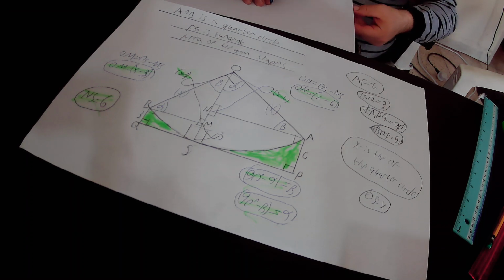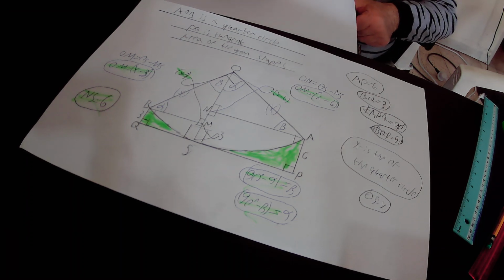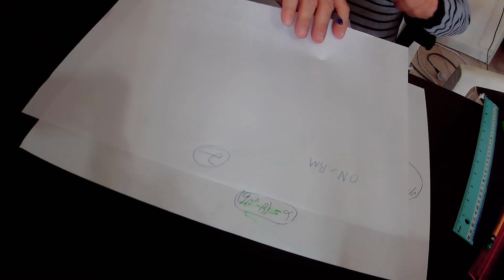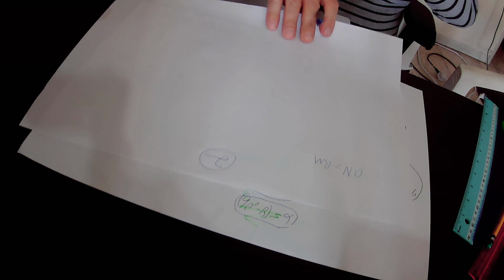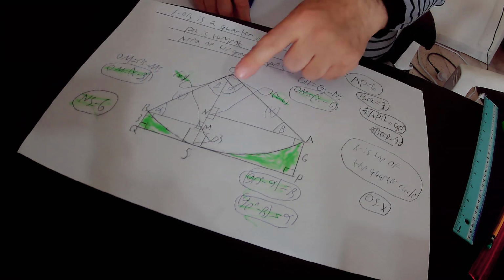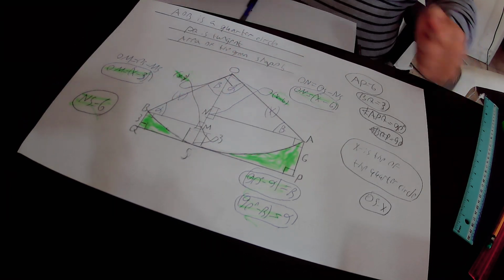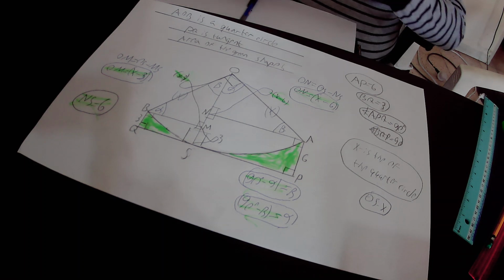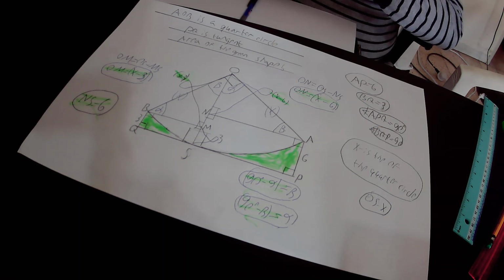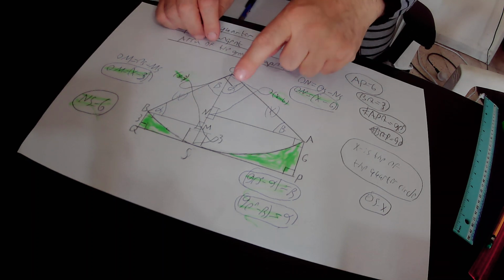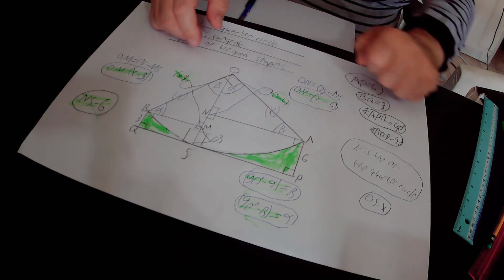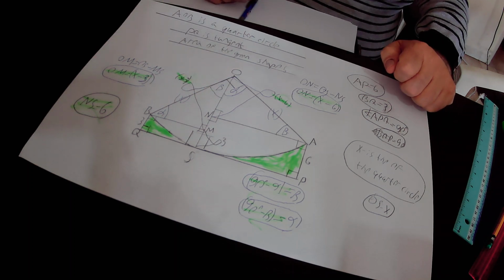Repeat again. Side ON equals side BM, according to the rule that corresponding sides in congruent triangles are equal to each other. Those two right triangles are congruent, therefore the two corresponding sides ON and BM must also be equal to each other.